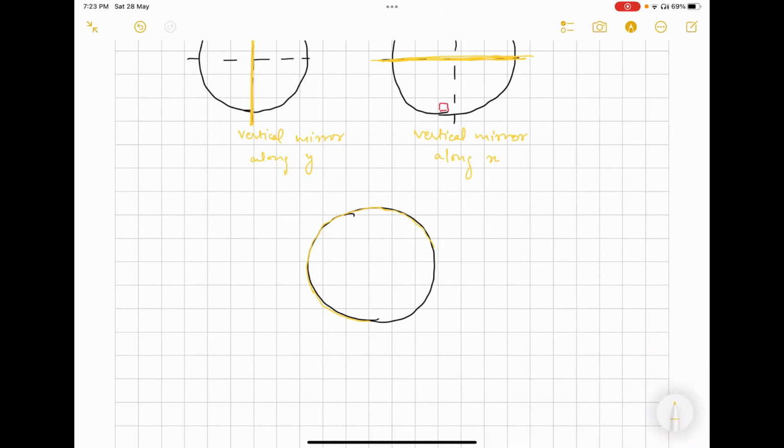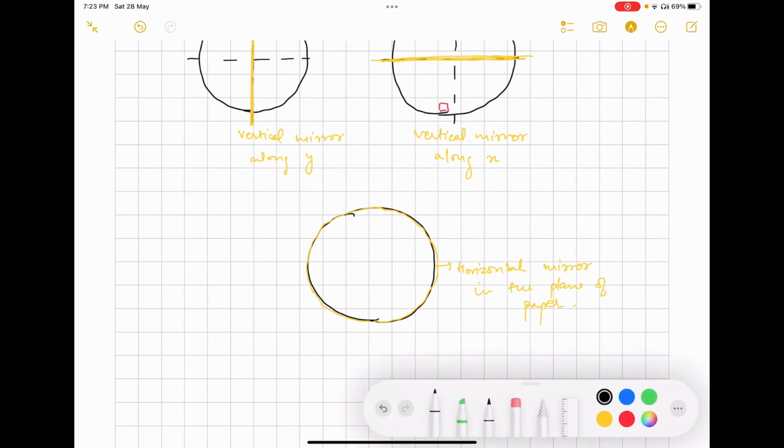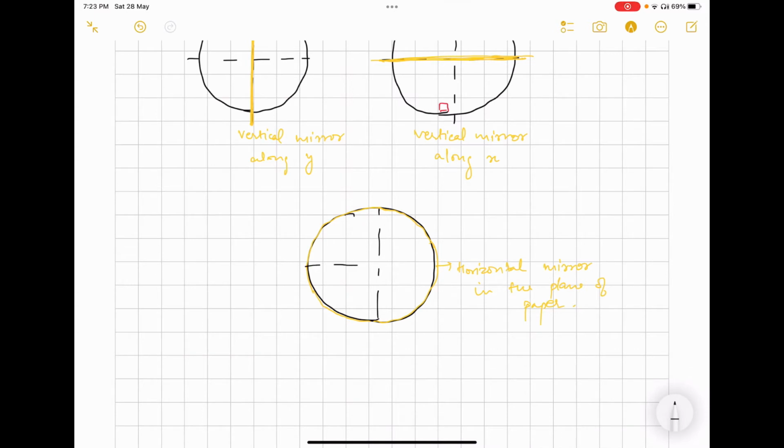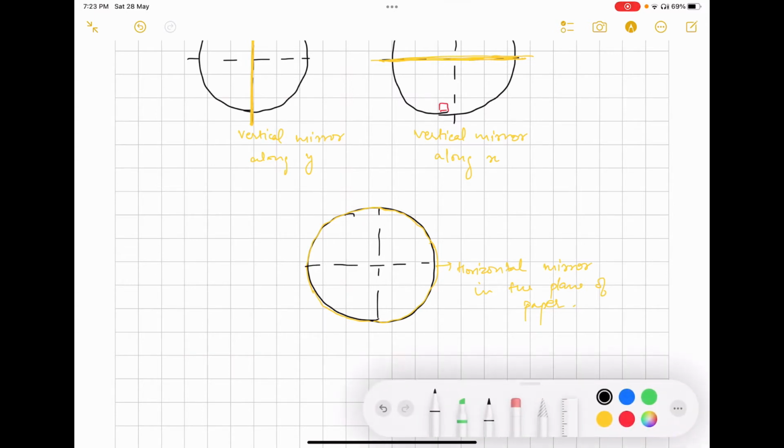So here you have a horizontal mirror in the plane of paper. Alright. So if I still draw the axis, which are like this, and my points.